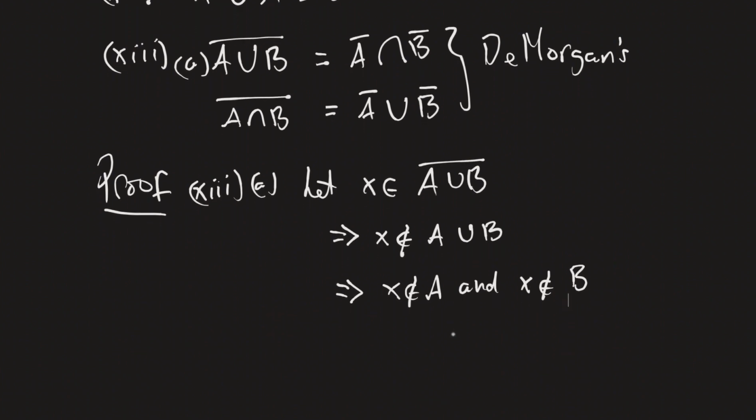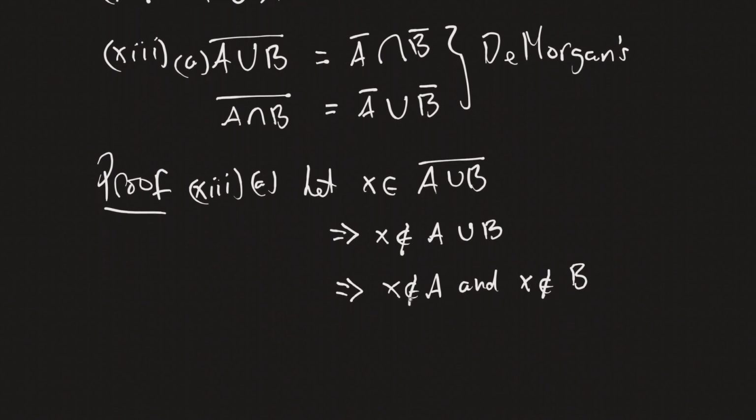Okay, how does that help? Well, if it's not in A, then it has to be in its complement. And similarly, if X is not in B, then it has to be in its complement. So this implies that X is an element of A complement and X is an element in B complement. And again, the use of the word and here is important, right?